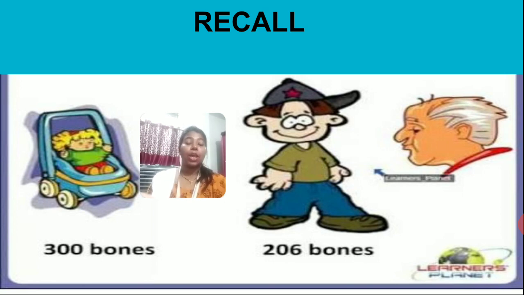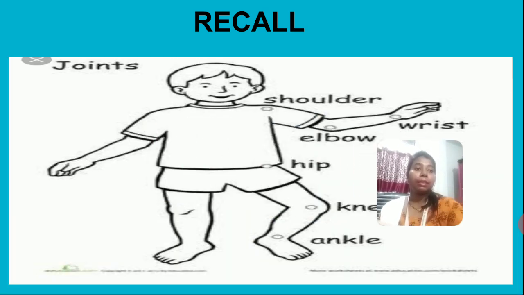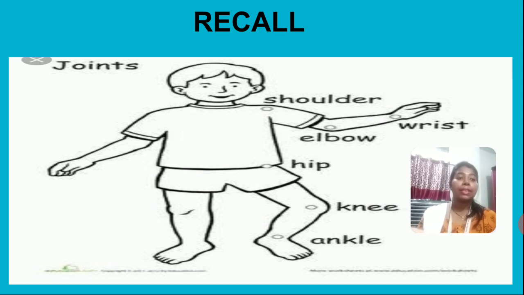Yes, we have also learned that because of the bones in the skeletal system, we are able to get a shape and a structure. Yes or no? And we are even able to move our body.